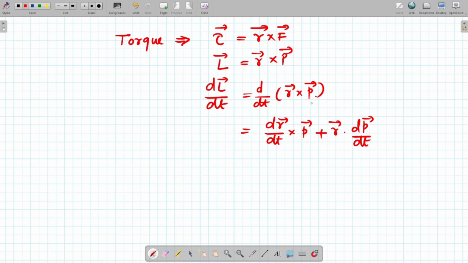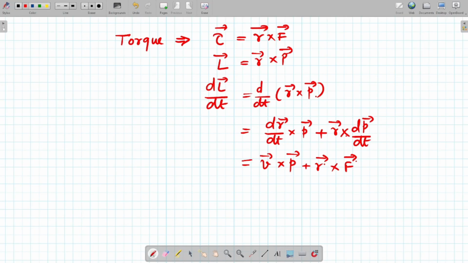So dr by dt is actually v, so we can write v cross p, okay, and plus r, and here remember this is cross again, r cross dp by dt. What is dp by dt? If you remember, it is F. Do you remember? It's a force.